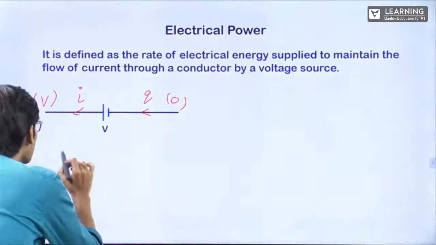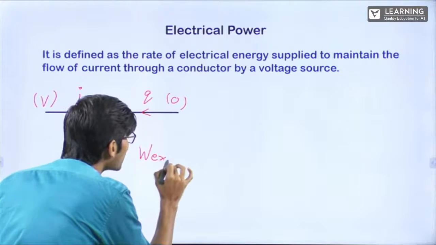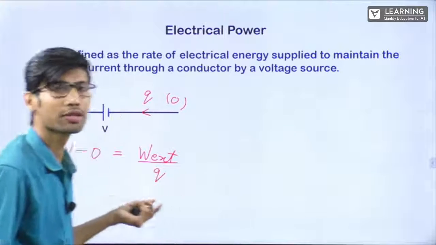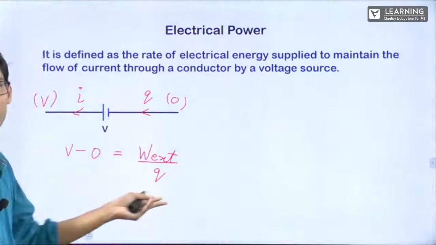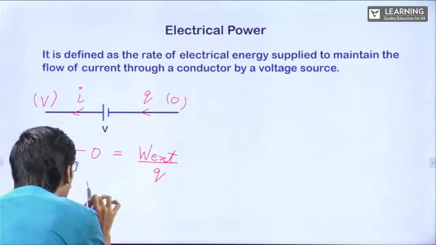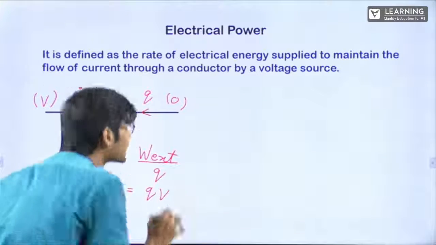Correct? Potential difference, that is V minus 0, is equal to work done by the external agent divided by charge. This is the very basic definition, the first definition which we studied when we studied potential, right? So from here, I can write work done by the external agent is equal to Q into V.